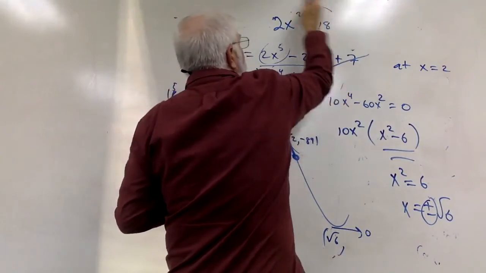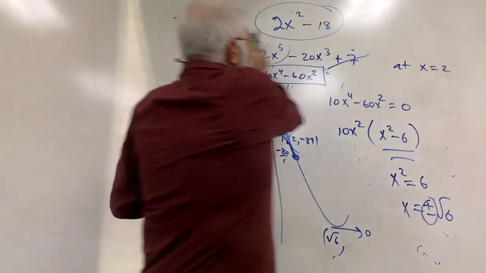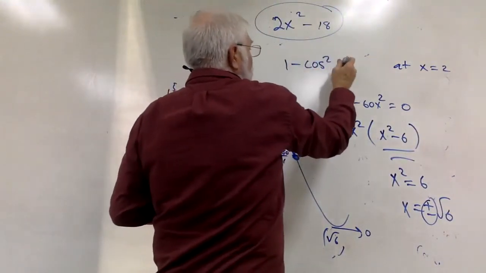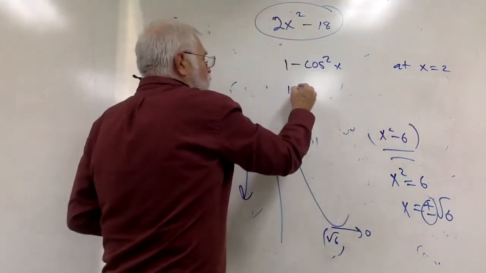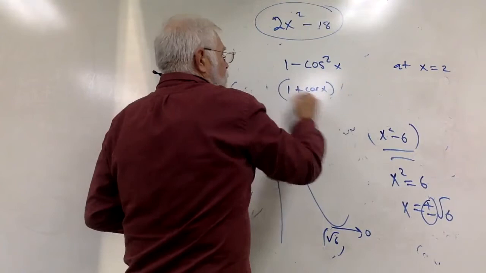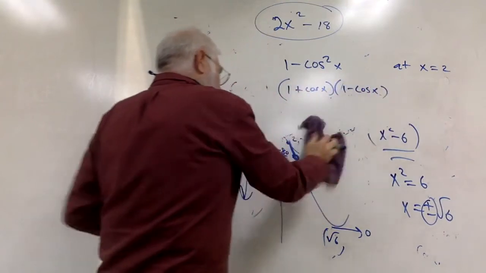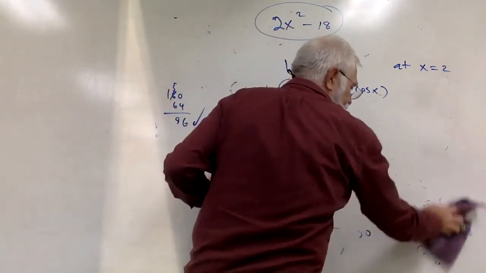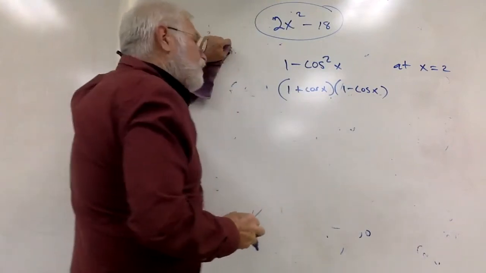And another problem was folks couldn't factor this correctly. Didn't even see that as 1 plus cosine x times 1 minus cosine x. So I am going to talk about that briefly right now. And if you feel good about your factoring of those, go forward on the video here.